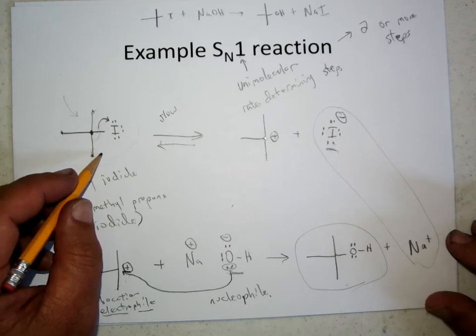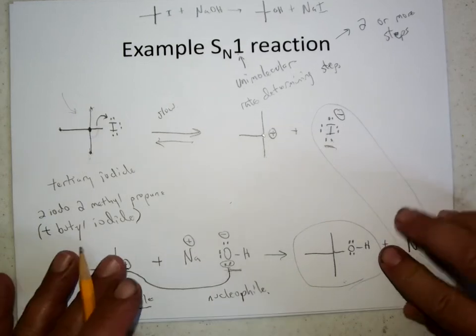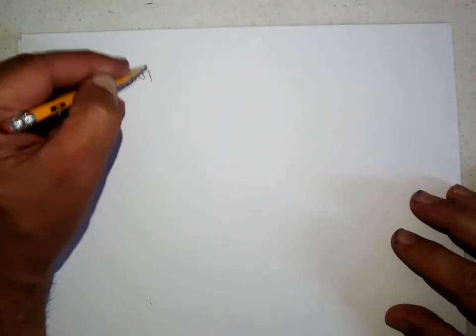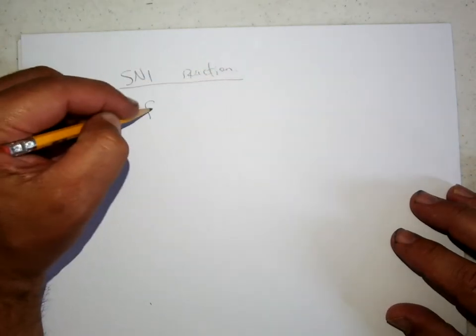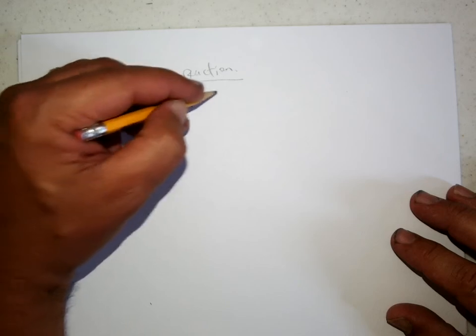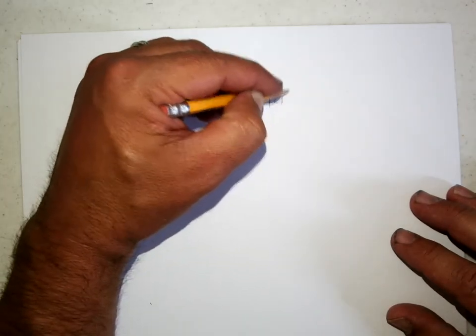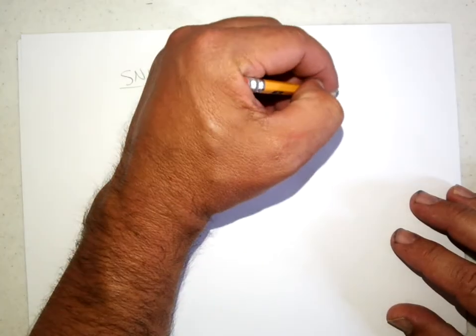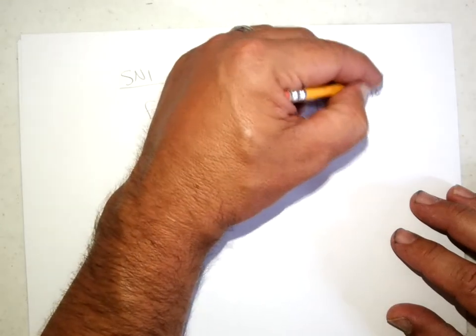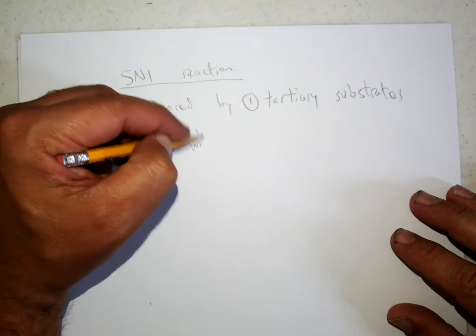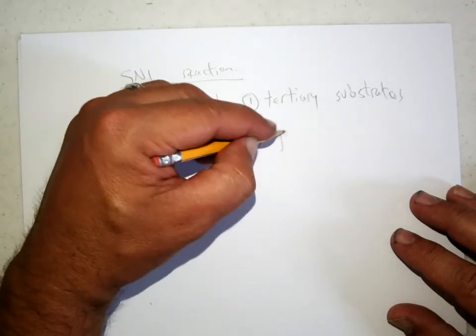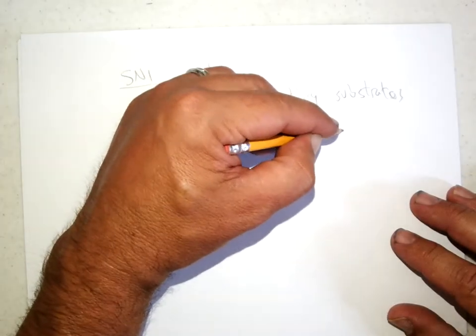So the SN1 reaction is favored by tertiary substrates with good leaving groups.